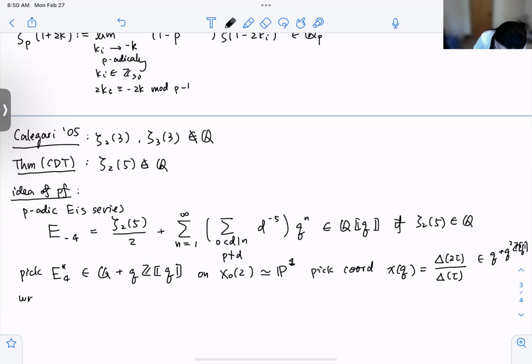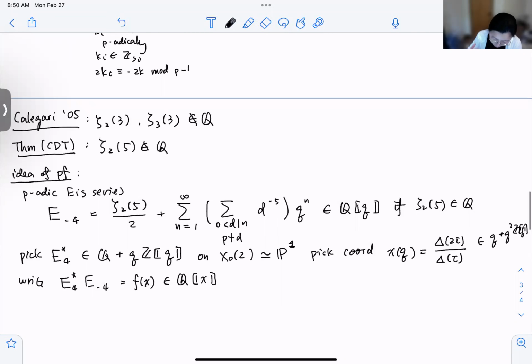Okay, then we are going to write the product of these two things, which is virtually weight 0, as a power series in X. And you can see that it has rational coefficients if we assume, for contradiction.